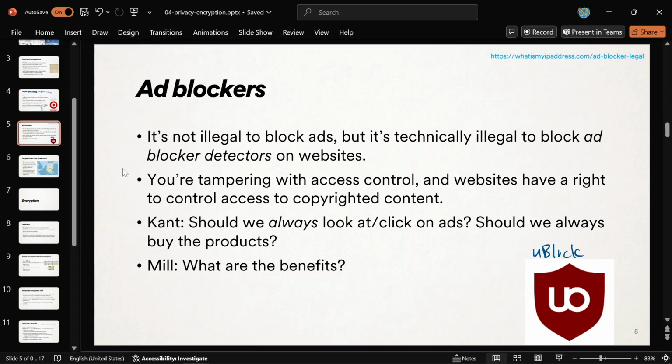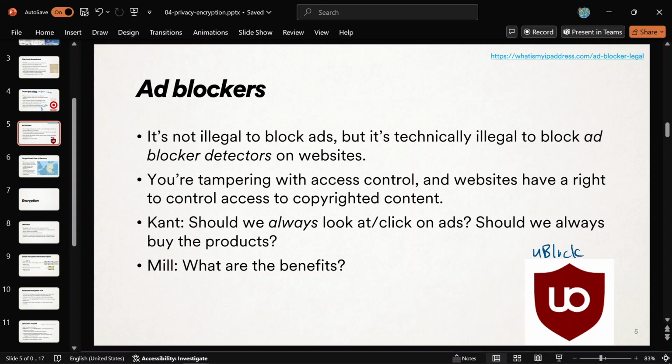Because, for example, if you are a news website, you are publishing copyrighted stuff for your users, and you want to control who gets to see that. Only the subscribers, for example, stuff like that. Or if you're not a subscriber, you get 5 free views of an article or something. You've probably experienced that. And so that's why ad blocker detectors are illegal.